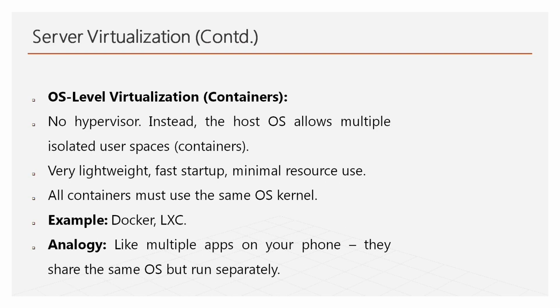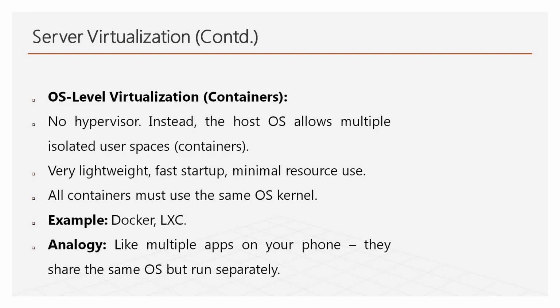OS level virtualization is the concept where your operating system is divided or virtualized among multiple users. Here there is no hypervisor; the role of the hypervisor is nothing here. Instead of the hypervisor, the operating system allows multiple isolated users, for example a multi-user system. Every time a user logs in, accordingly the role will be defined.